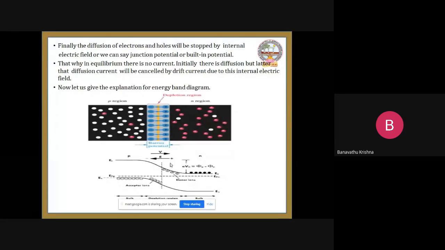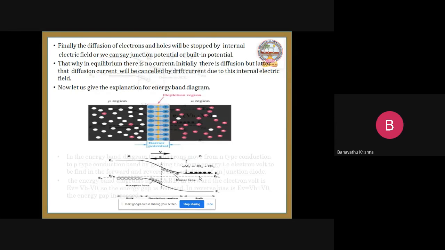That amount is denoted as eV naught, electron volt. This amount of electron volt is required to jump the electrons to the P side. That amount of electron volt reduces for forward bias and increases for the other, that is, reverse bias condition. Let us see the diagrams also.